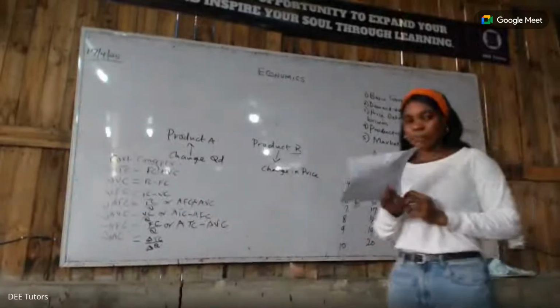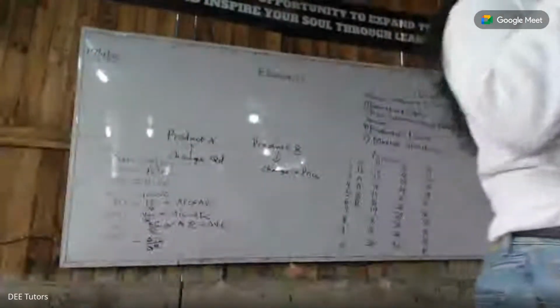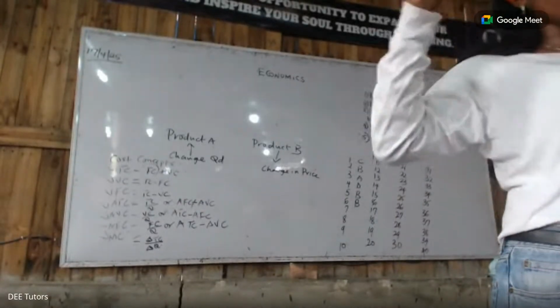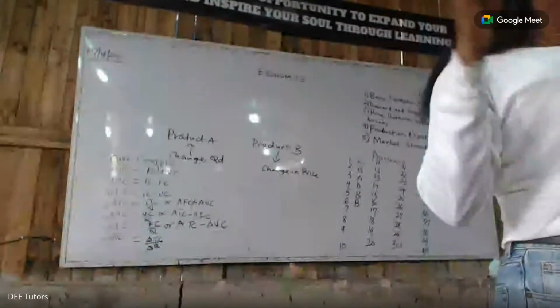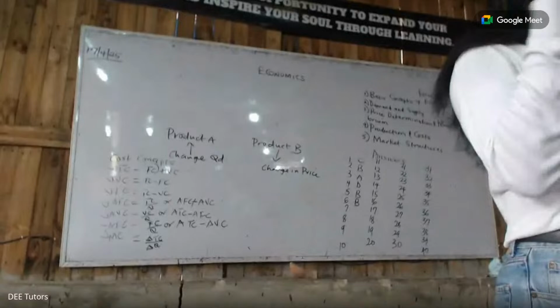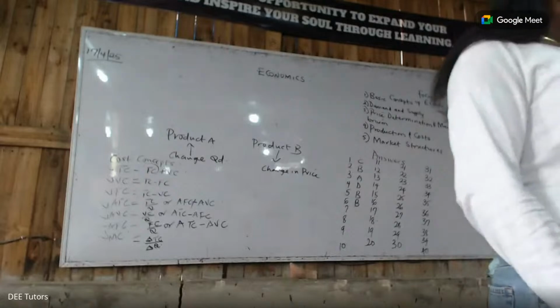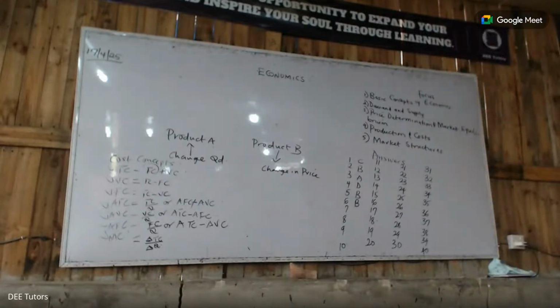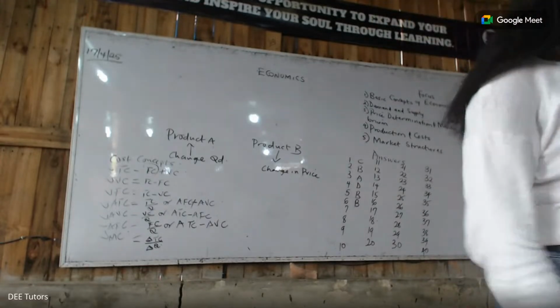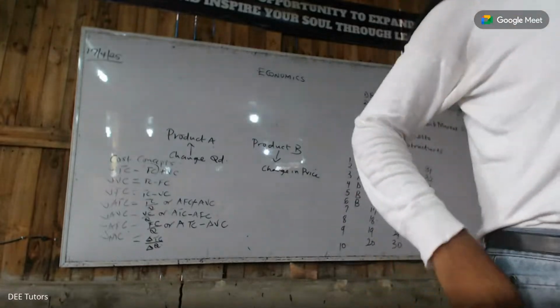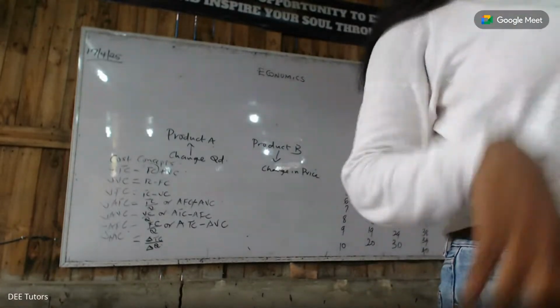Number 7. If the consumer demand for product X increases, please, I need you to pay attention. If the consumer demand for product X increases as the price of product Y decreases, imagine the price of one product decreases and the consumer is now demanding more of another product, which is X. We can be fairly certain that A, X and Y are complementary commodities.